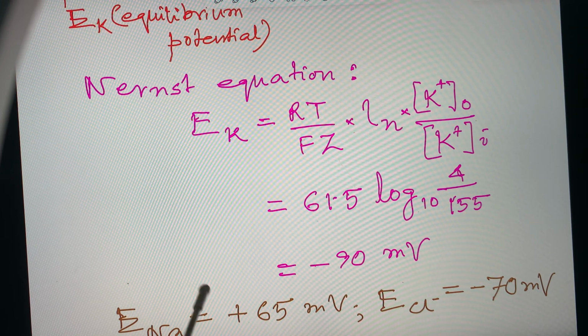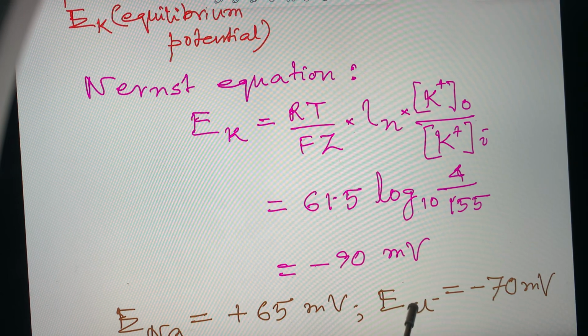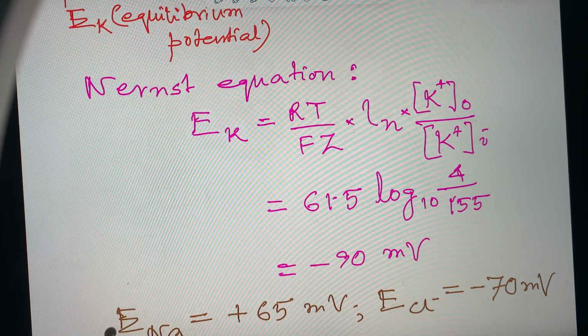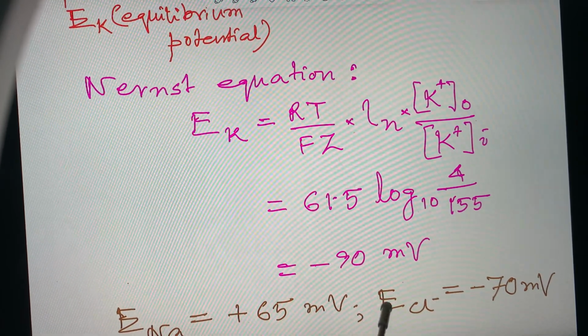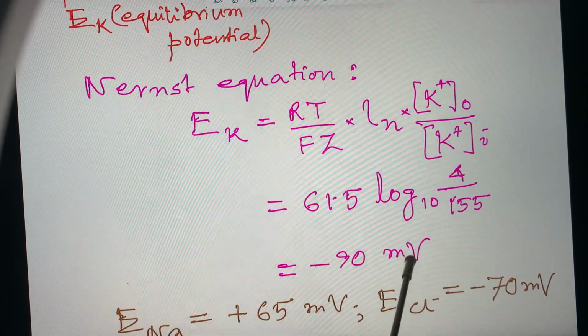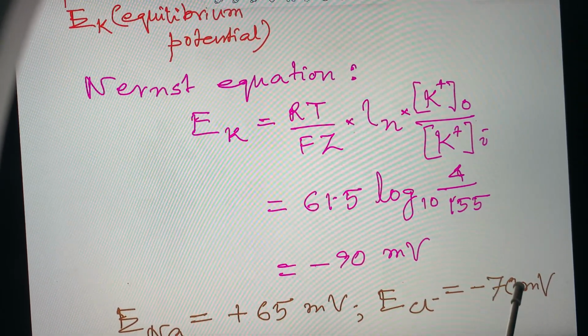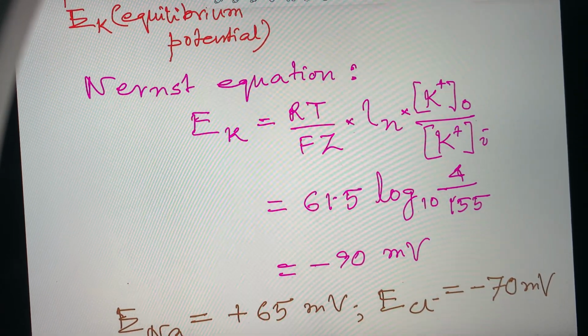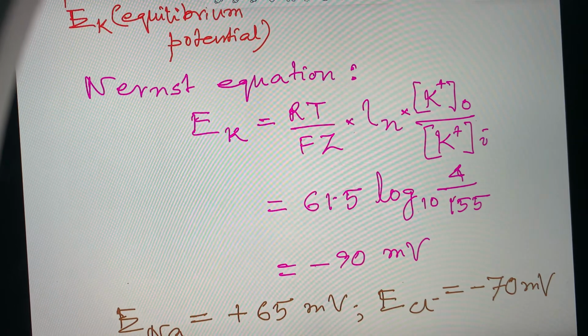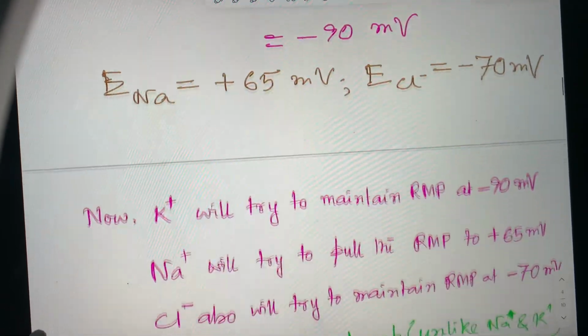In the same way we can calculate the equilibrium potential of sodium and equilibrium potential of chloride. ENa, or equilibrium potential of sodium, is plus 65 millivolt, and equilibrium potential of chloride is minus 70 millivolt. Thus, we can calculate the equilibrium potentials of the different ions.